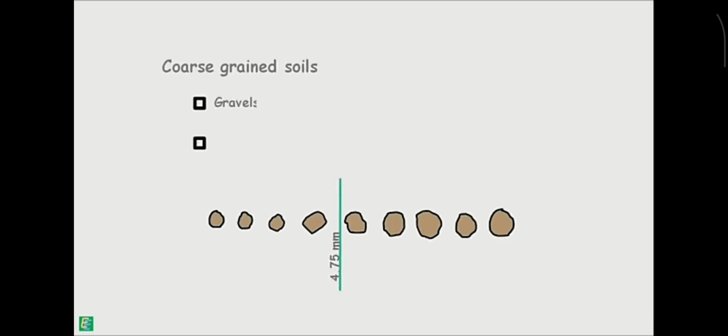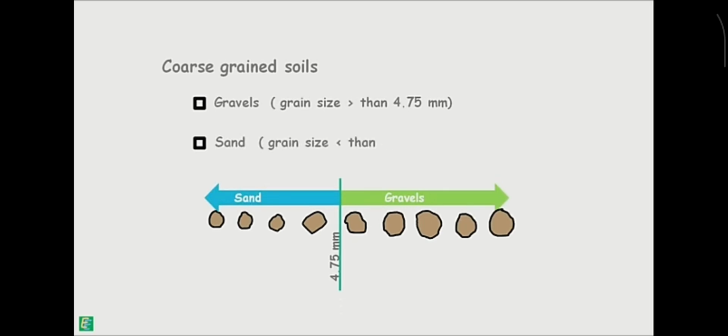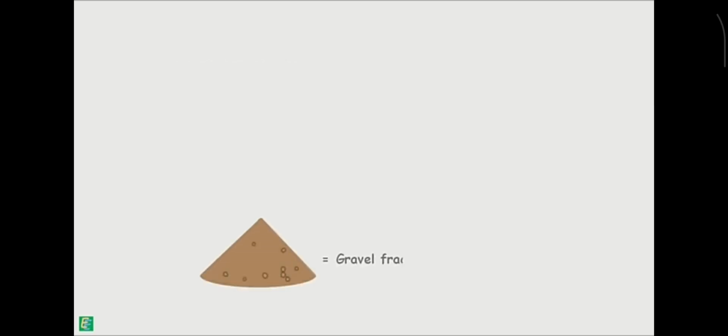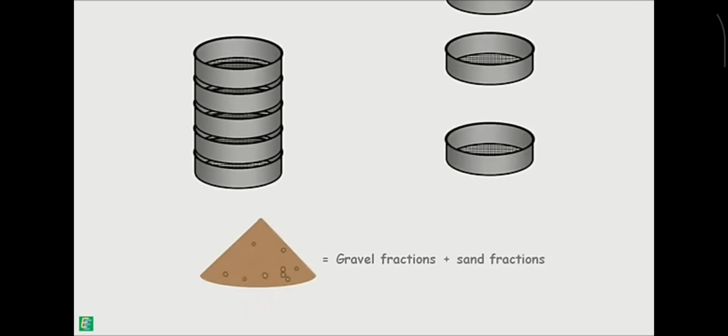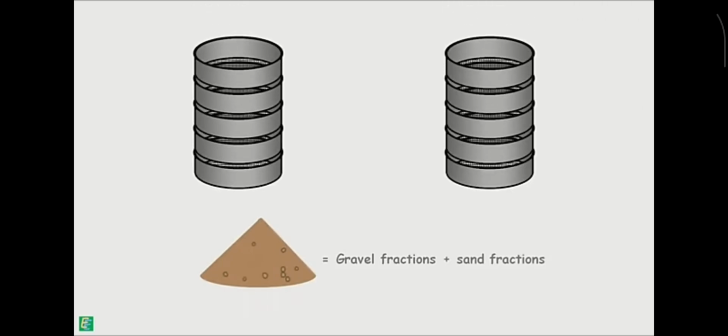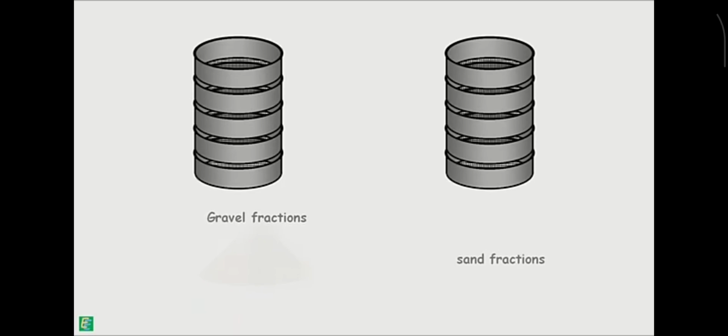This way, coarse-grained soils are divided into two categories. One is gravels, having grain size greater than 4.75 mm, and second one is sand, having grain size smaller than 4.75 mm.